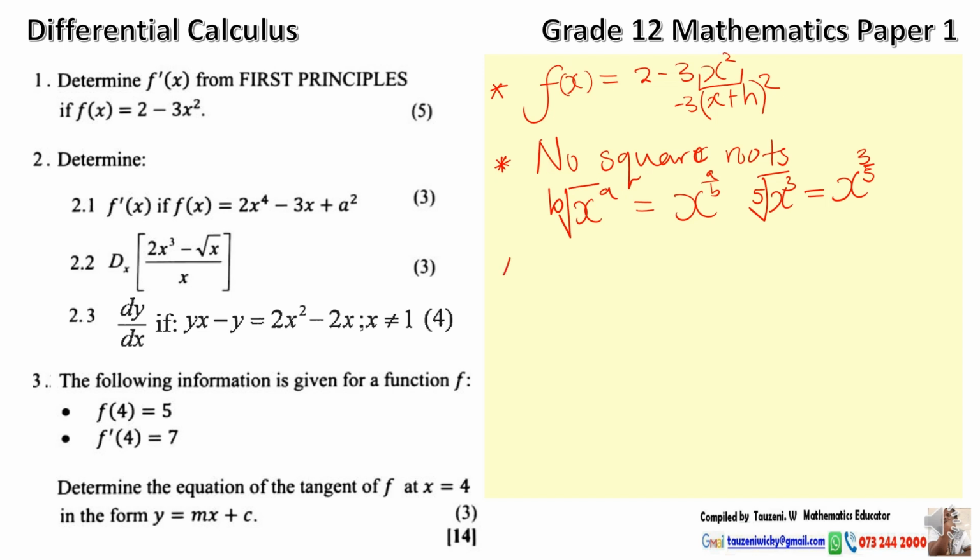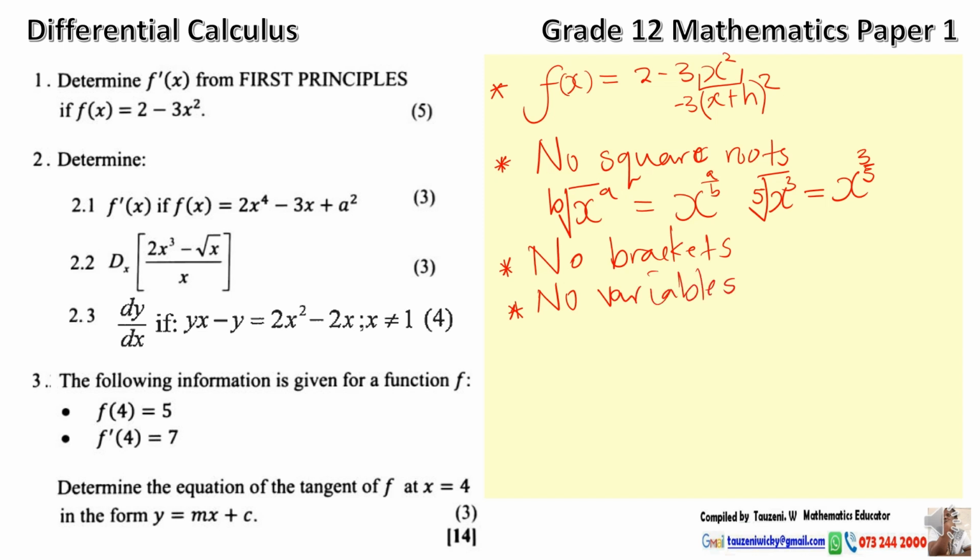Then also to remember, make sure that in your expression, there are no brackets. If there are brackets, then you must remove the brackets and simplify the expression before you differentiate. Then the last one, you must make sure that there are no variables in the denominator.